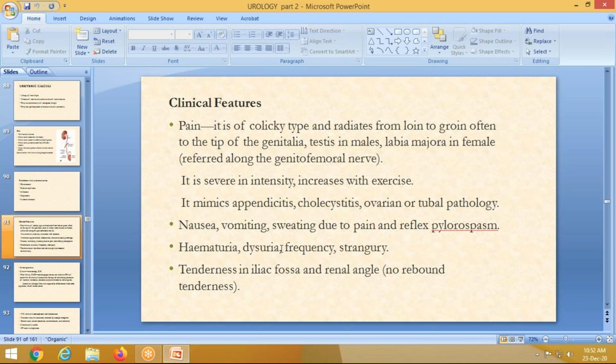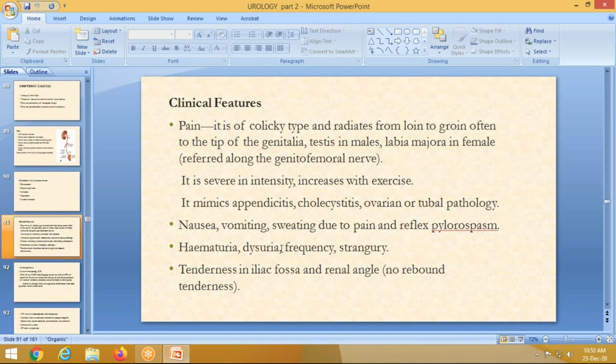Sometimes it also mimics appendicitis. Appendicitis is also situated in the right iliac fossa. The renal colic is also like that. So it may be appendicitis, or cholecystitis, or any ovarian malignancy, or any tubal pathology like salpingitis.